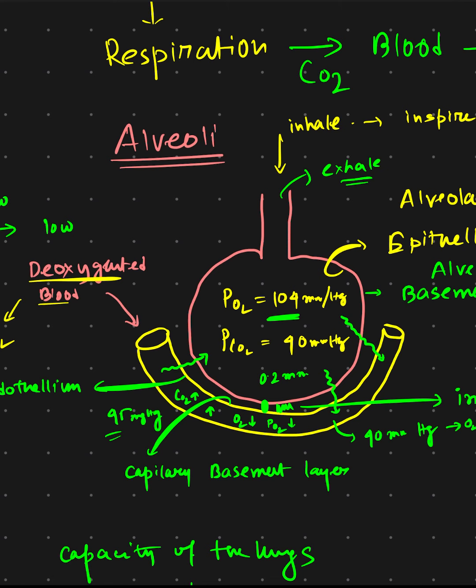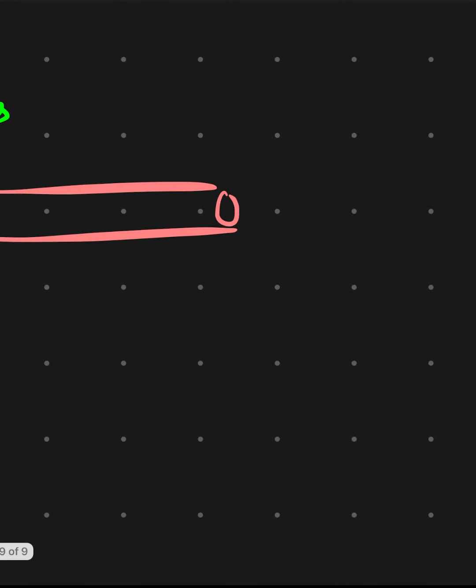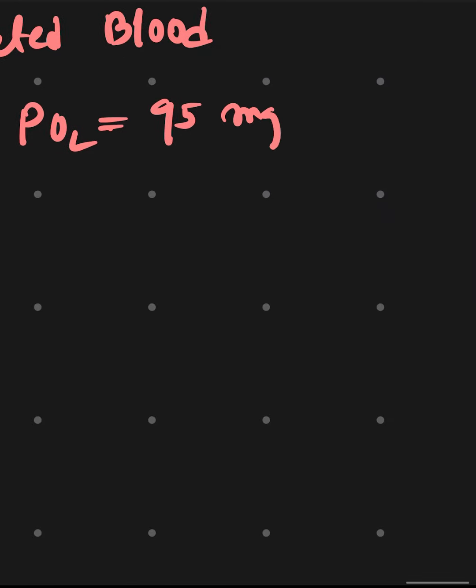Okay, so how are the tissues getting the gases? Same as above. When the capillaries bring the oxygenated blood, it naturally contains a high amount of oxygen, and that is why the partial pressure of oxygen is around 95 mmHg.